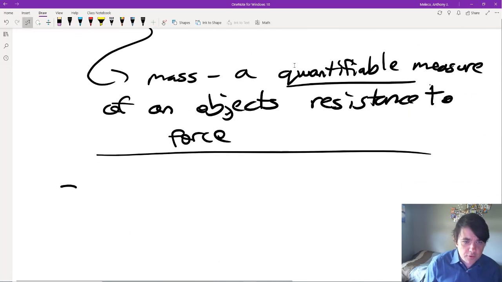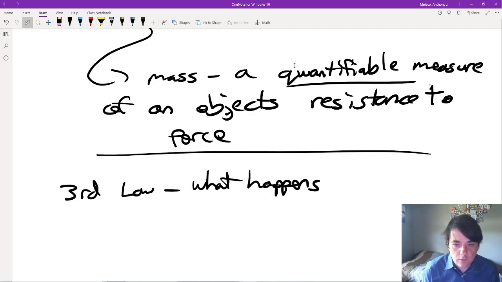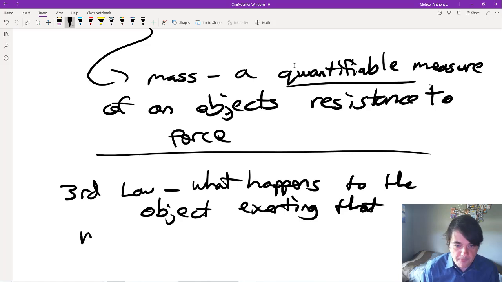And then the third law. The second law is the most complicated. The third law is what happens to the object exerting that net external force.